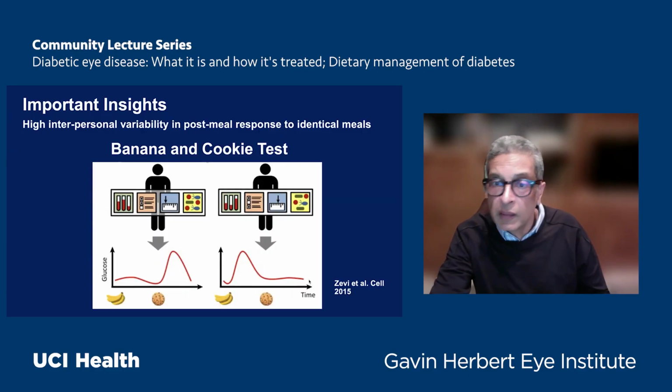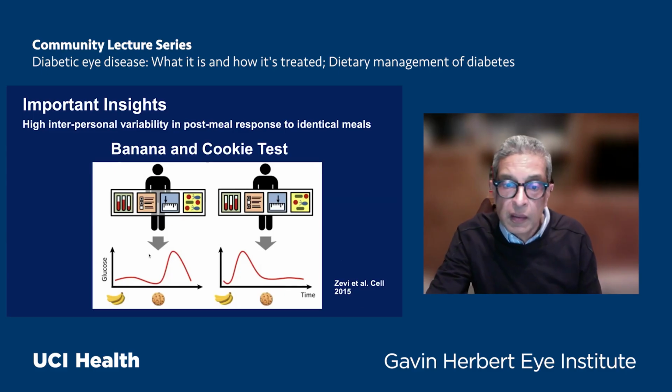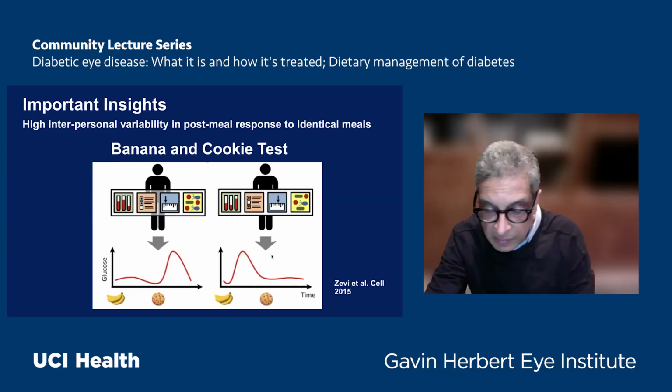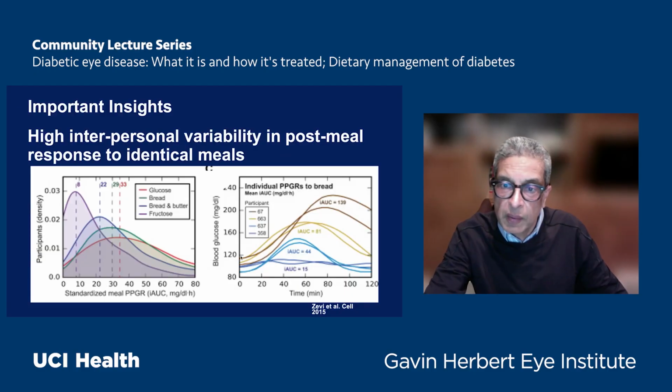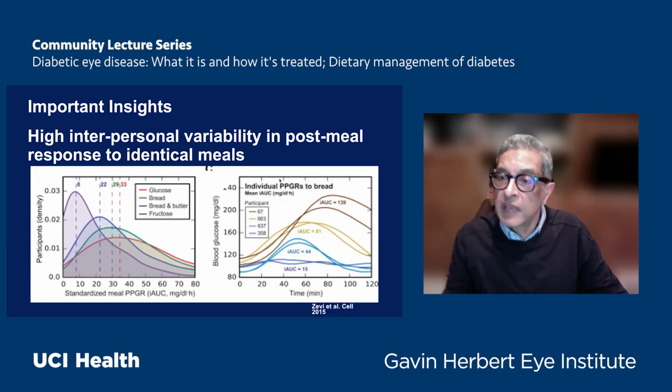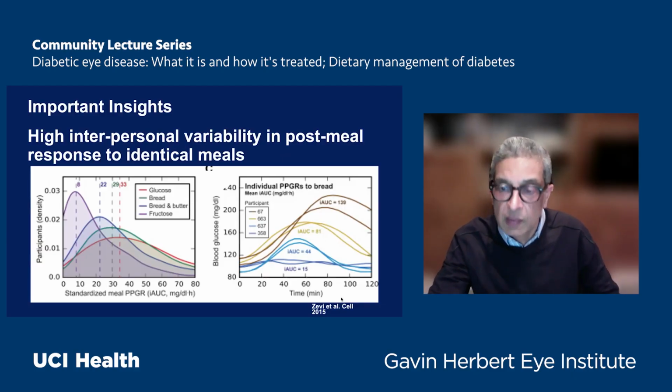If you look at hundreds of people, which these investigators did in this study, they saw that there was large variability among individuals. Here, each line is a participant's blood sugar, and different people had different excursions of blood sugar in response to a standard meal that the investigators gave them.